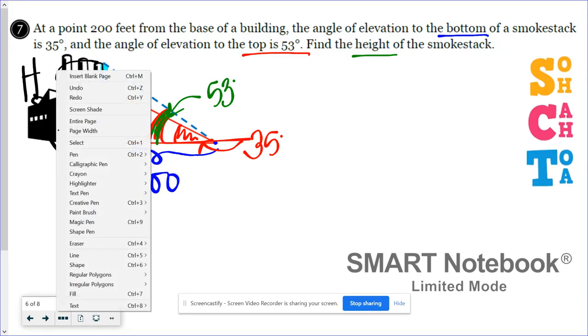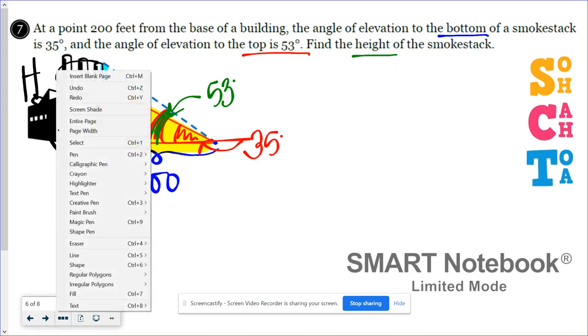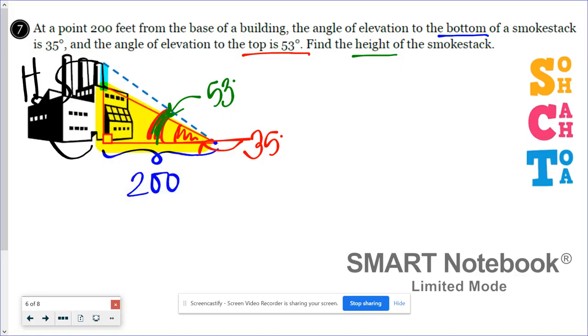The other part of that total height is occupied by this segment right here. And notice that that is a segment of this right triangle. And this right triangle has an angle measuring 35 degrees and a horizontal segment measuring 200. So I can use this right triangle to find this height.